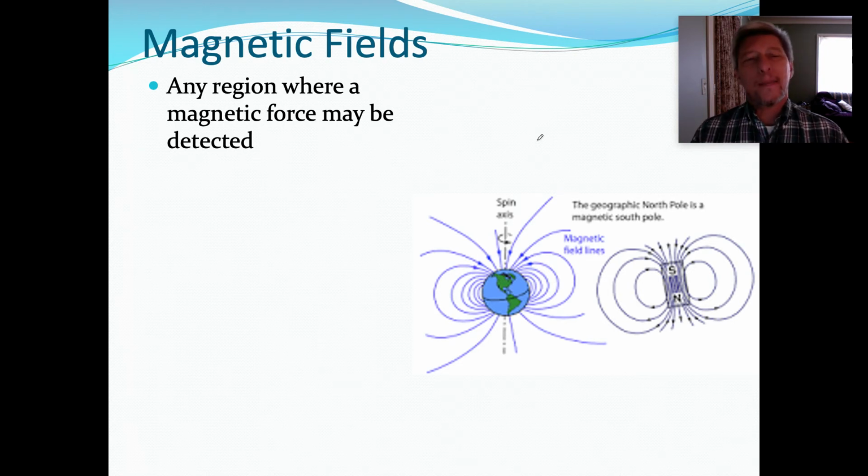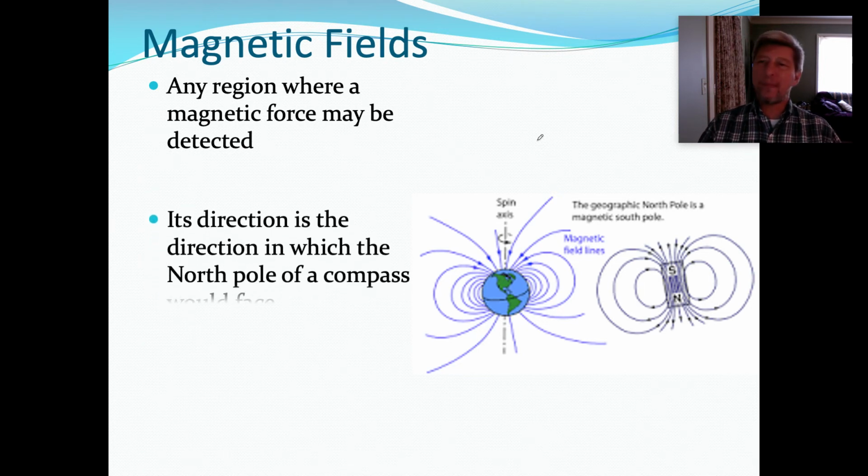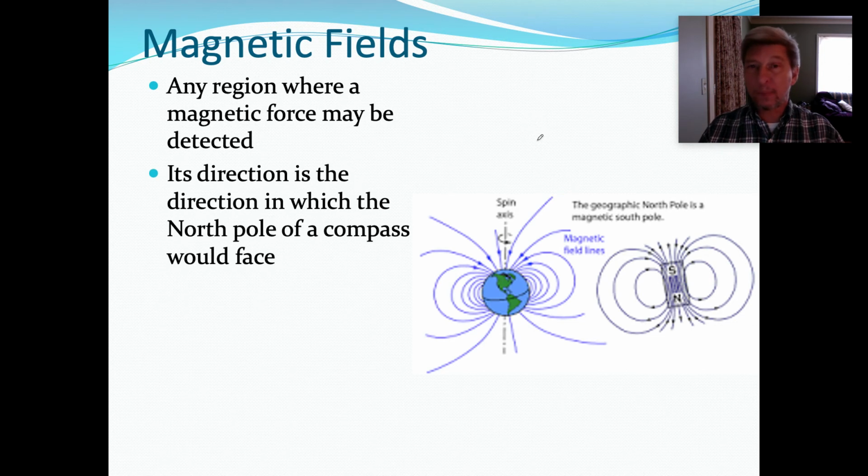So a magnetic field is found in any region, any area, any space where a magnetic force may be detected. Any place that you feel a magnetic force, you're in a magnetic field. Now, its direction is the direction in which the north pole of a compass would face.